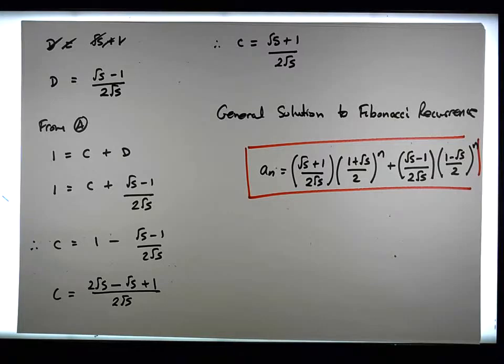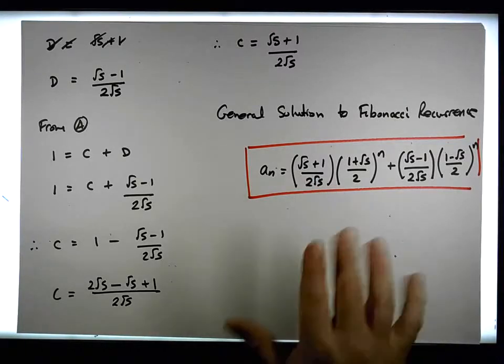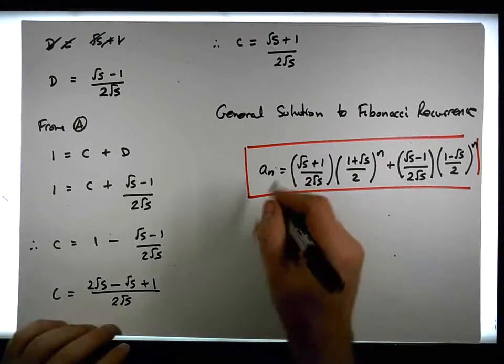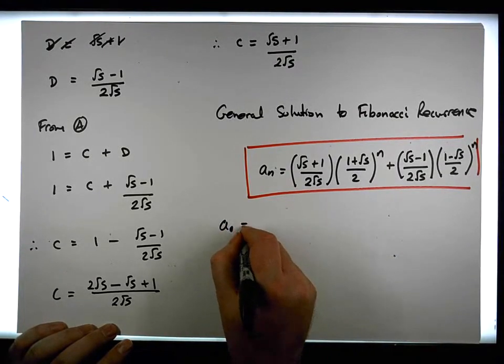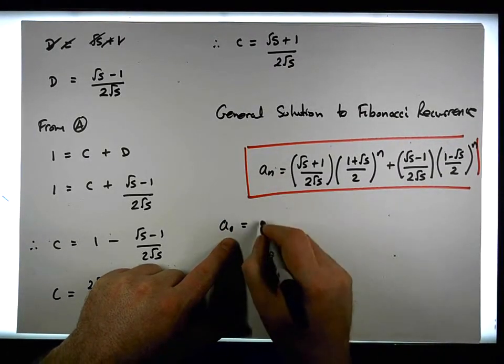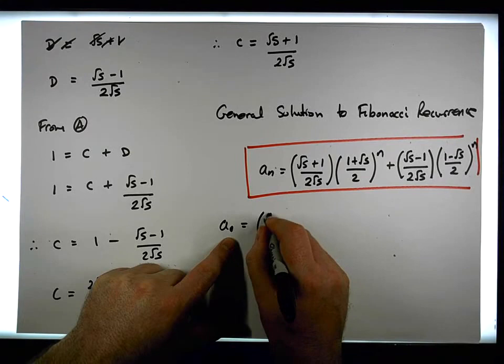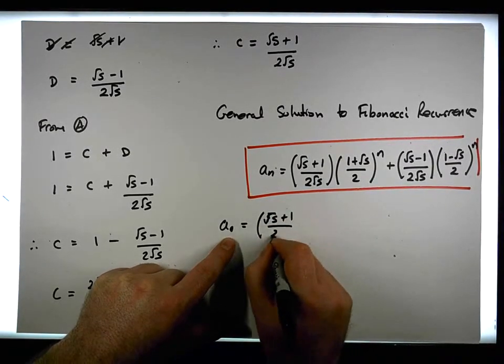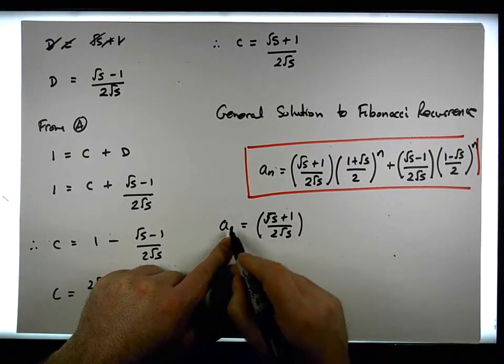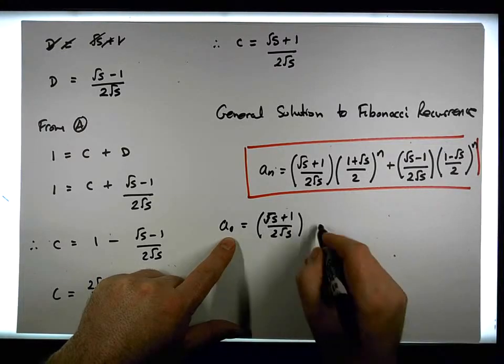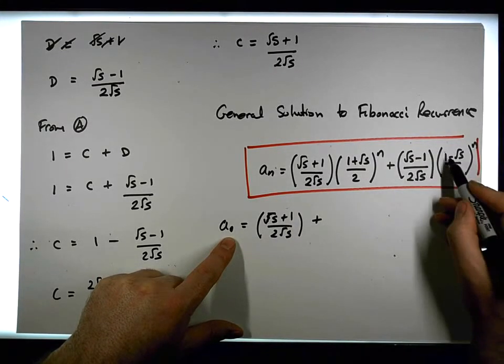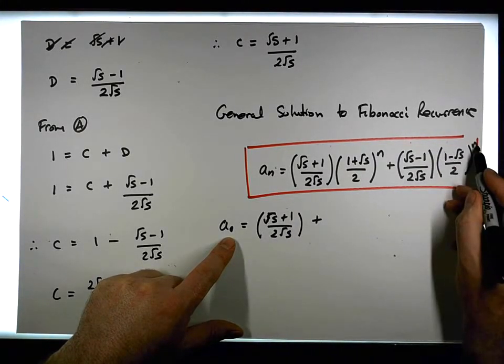Now what we could do is start estimating things. Let's just sanity check this. What about A0? Well, n is 0, so it becomes root 5 plus 1 over 2 root 5 times any number raised to 0, which is just 1, so that stays there. Plus, once again, minus 1 minus root 5 over 2 raised to 0 is just going to be 1.